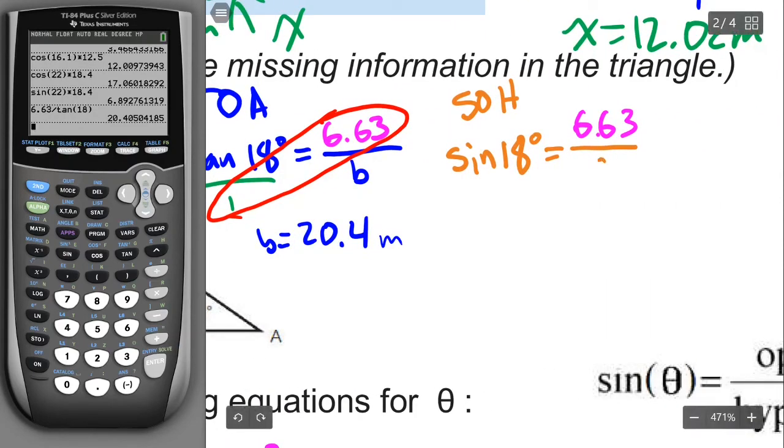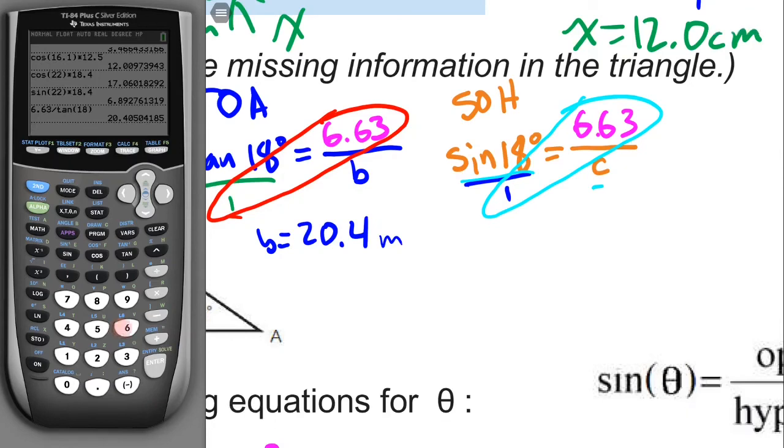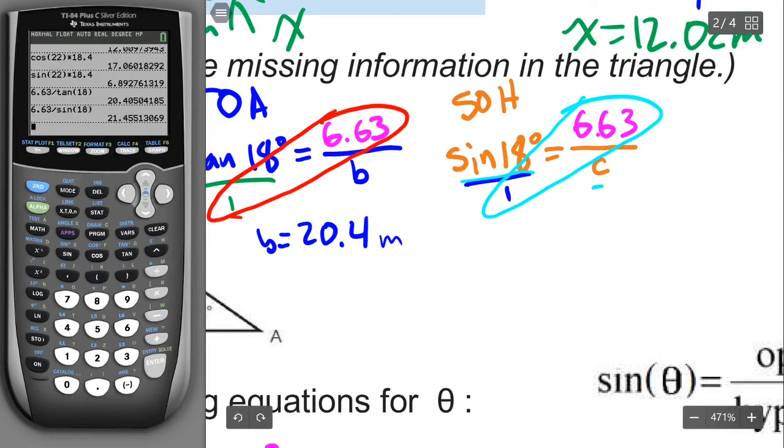Okay, so there's my hypotenuse C. So let's throw this over 1, and then we will cross multiply and divide. And again, because C is in the denominator, I'm going to be dividing by sine of 18. 6.63 divided by sine 18 gives us that C is 21.5 meters.